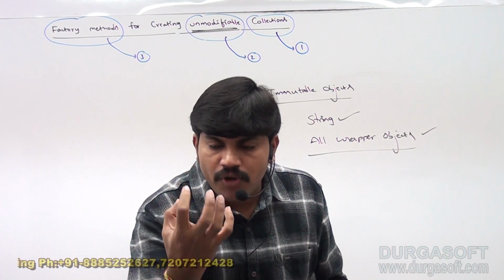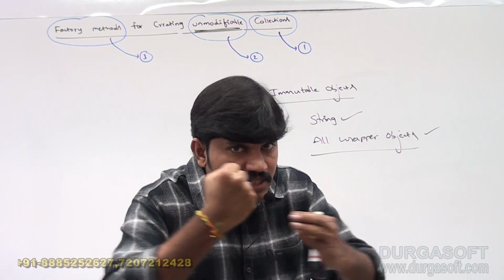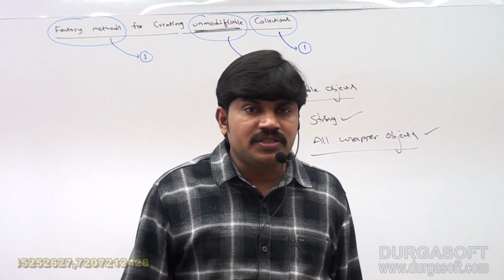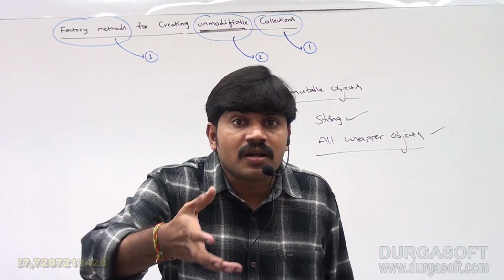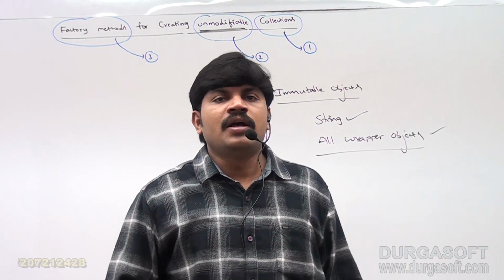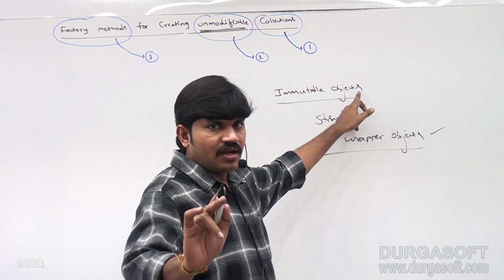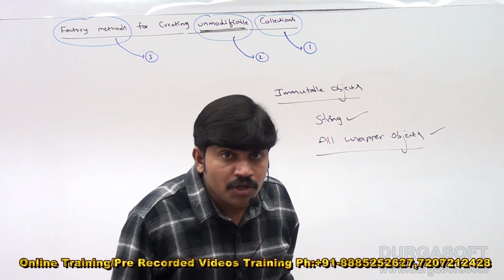Once we create an object, we can't perform any changes to that object by mistake. If you are trying to change, of course you can't change. Such non-changeable objects are by default considered as immutable objects. In Java, string objects are immutable. All wrapper class objects are also by default immutable, right?